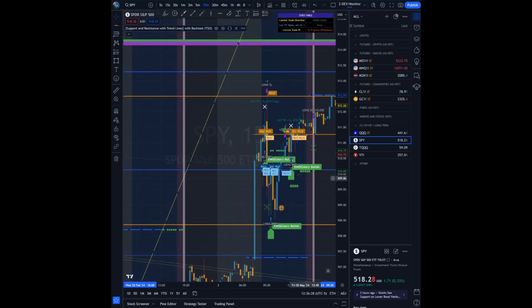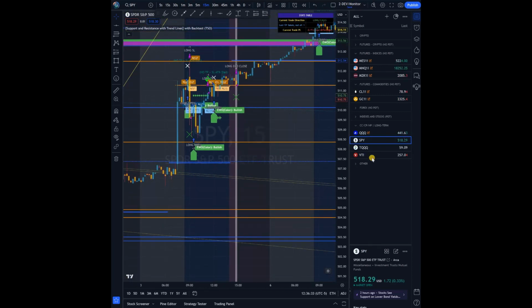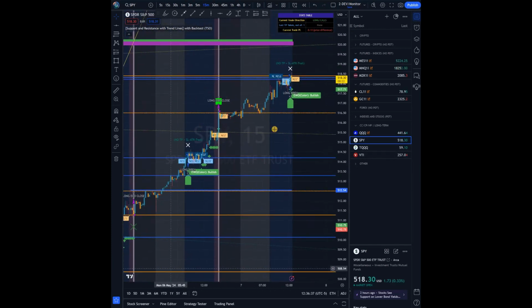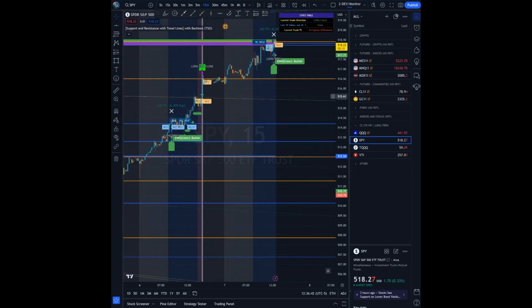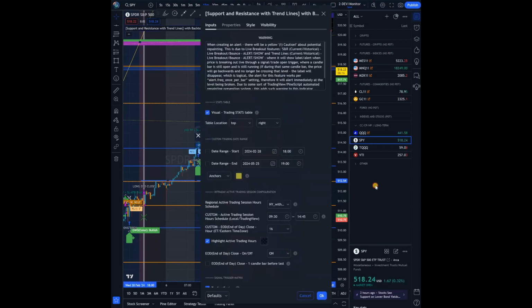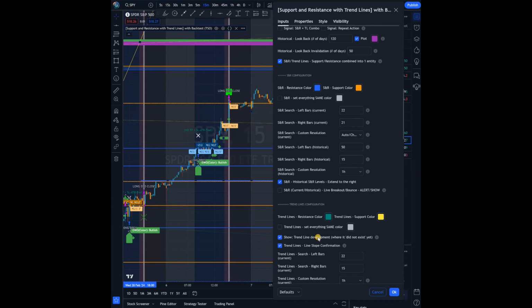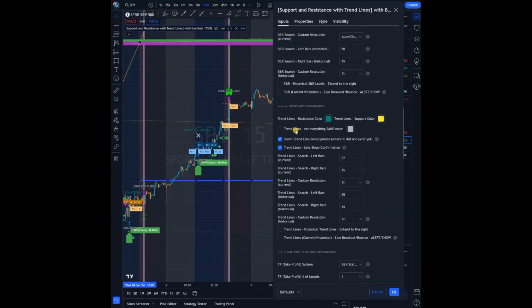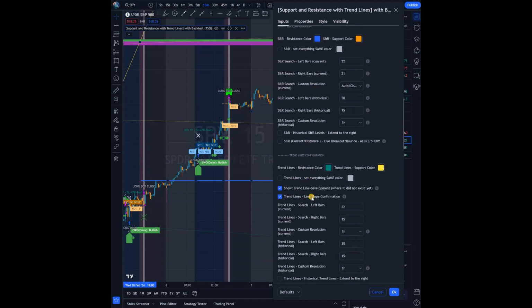Also, it's going to be limited. TradingView is very limited in how many trend lines it can draw at the same time, so a big chunk of them will not be displayed. Keep that in mind. Same for trend lines, you can force extend them to the right the same way. The only other real difference between trend lines and support and resistance is that trend lines have line slope confirmation.